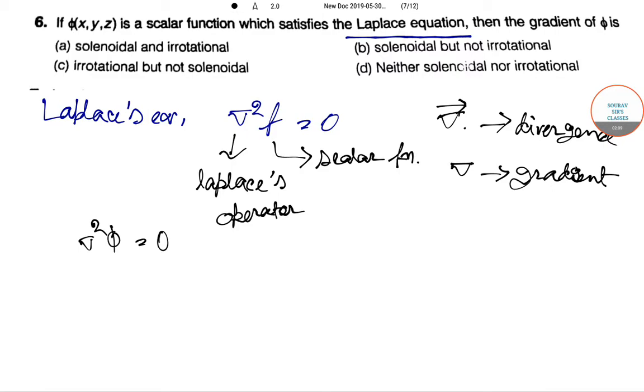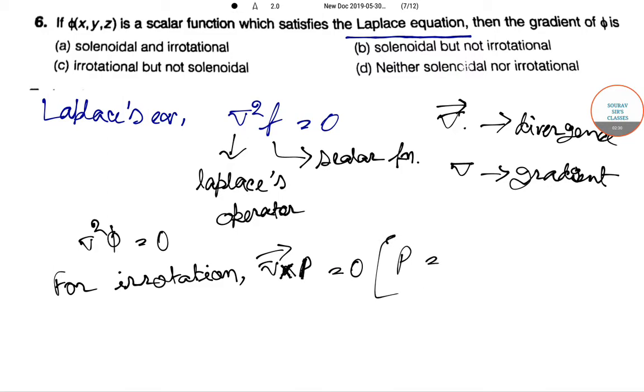So for irrotational, we can write curl of any function equals 0.